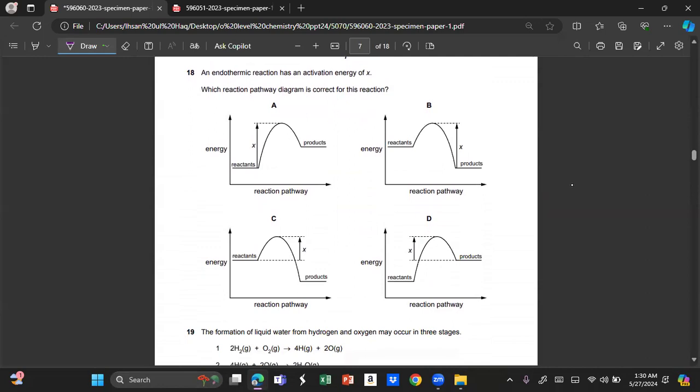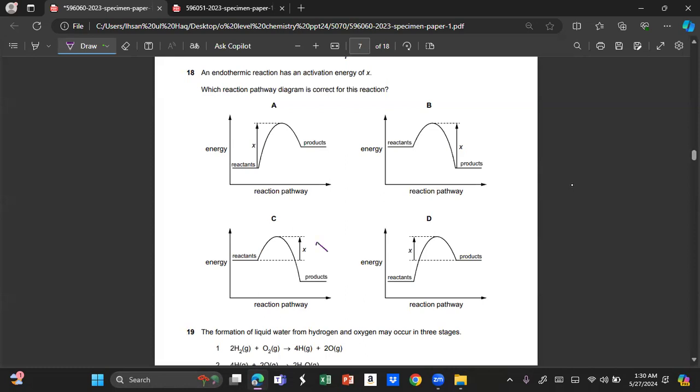Feel relaxed. An endothermic reaction has an activation energy of X. Which reaction pathway diagram is correct for this reaction? Simple. First, think about the basic difference between exo and endo graphs. In exothermic reactions, the products occupy a low energy state.